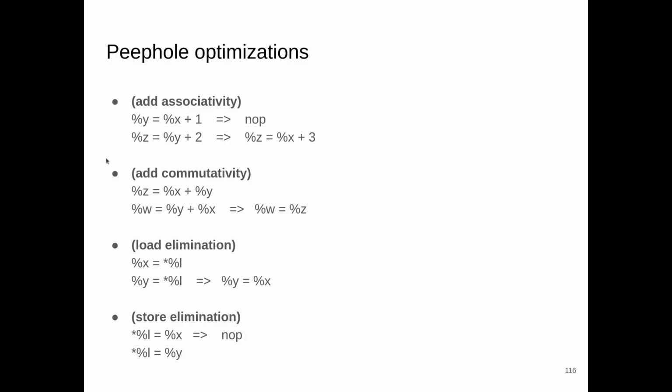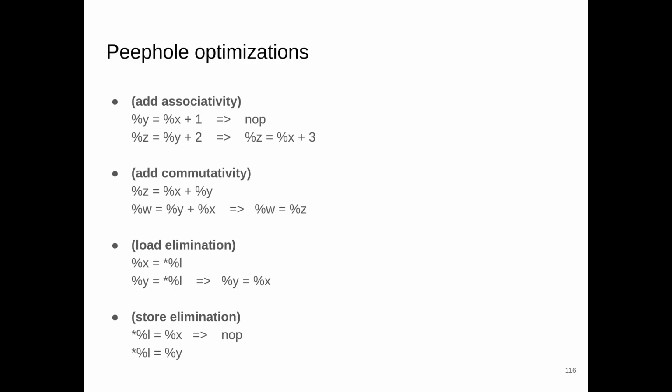So let's look at this code. z equals x plus y, and we are defining w equals y plus x. So these two expressions are different only in the order of the operands, x plus y, y plus x. They are actually the same in value. The form is a little bit different. The order is a little bit different, but except for that, they are exactly the same instructions.